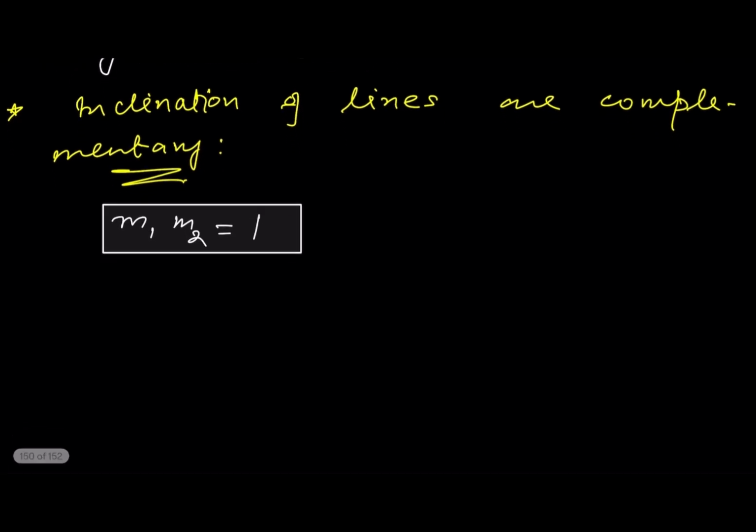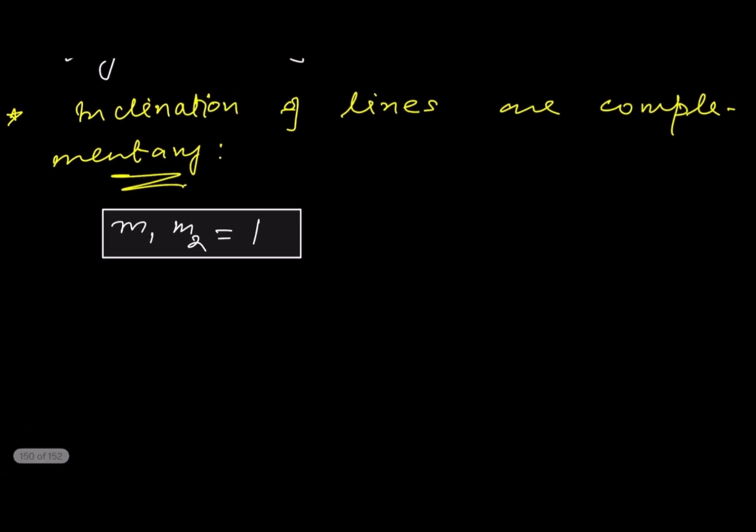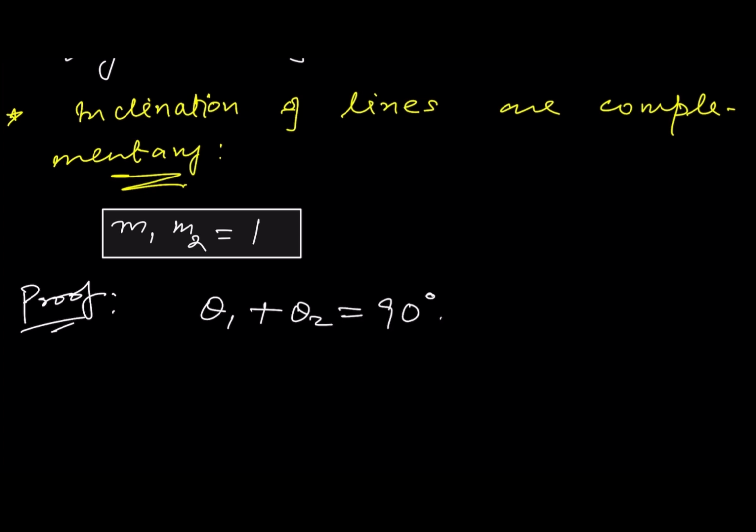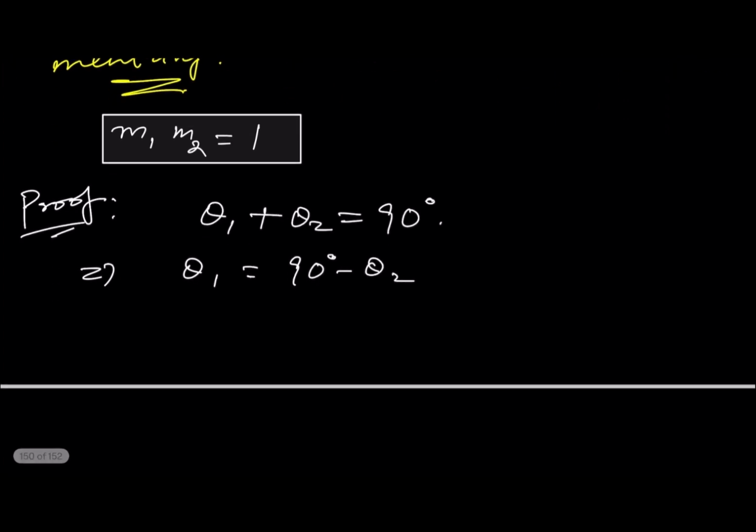So if there are two lines having some inclinations and the sum of those inclinations is 90 degrees, means theta 1 plus theta 2 is equal to 90 degrees. So theta 1 is equal to 90 minus theta 2.